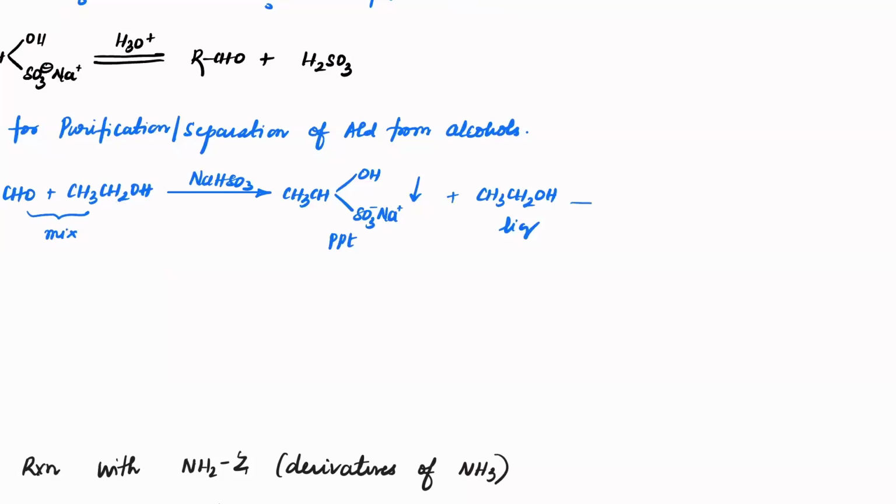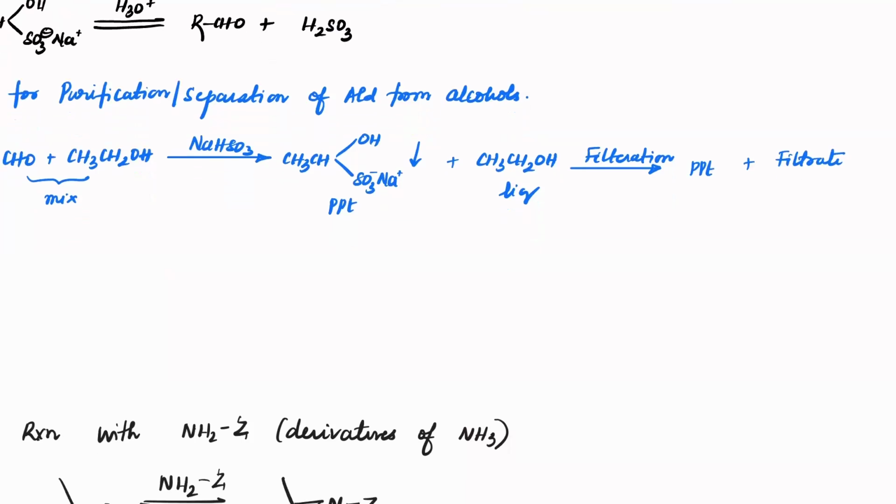Since it is a liquid, we can use the filtration process and remove this out. So we have a precipitate separated and filtrate separated. The precipitate will be this one, and the filtrate will be this one.